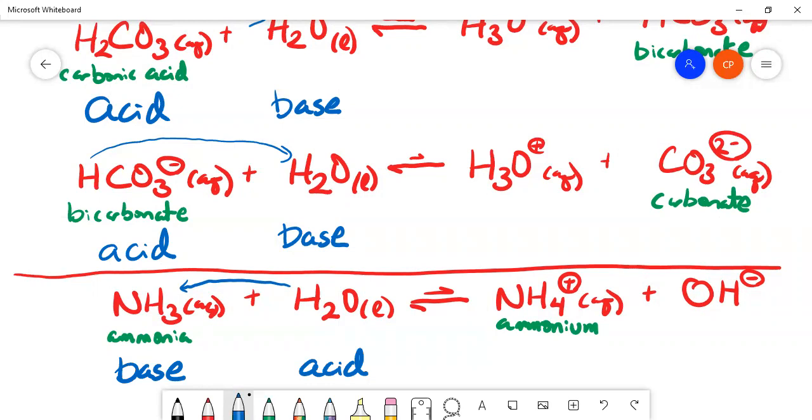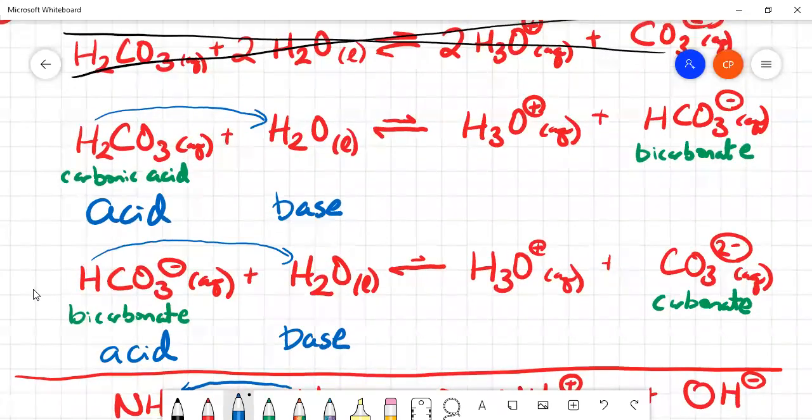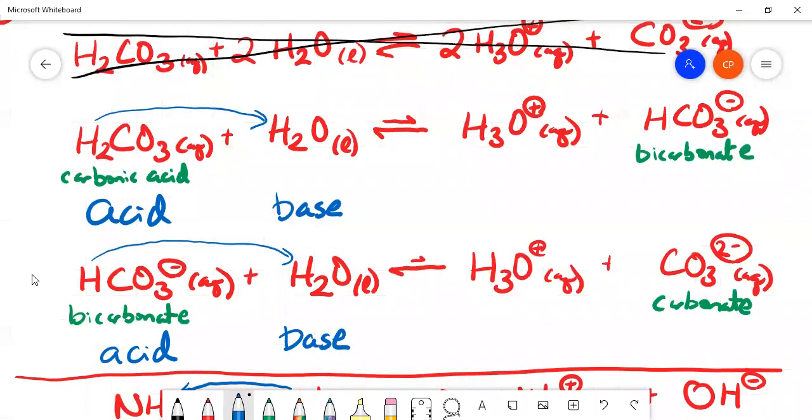Go back to the carbonic acid story up here. Carbonic acid reacts with water to produce the hydronium ion and bicarbonate. Now note how that equilibrium is drawn.